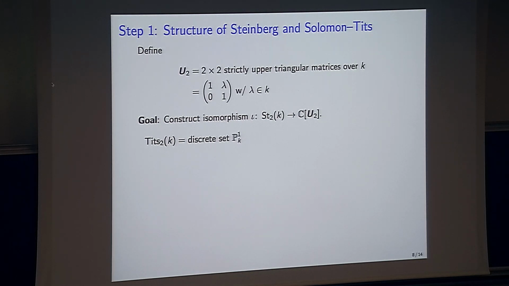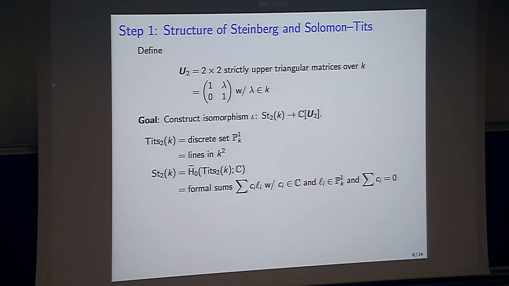Remember, what is the Steinberg representation? When you take Tits building 2, that's just the discrete set of lines in k squared, right? So lines in k squared, and the Steinberg representation is just h0 of that, but reduced h0, right? I was careful to work in reduced homology for the degenerate case, because the degenerate case is the one I'll be caring about. So what does it mean?